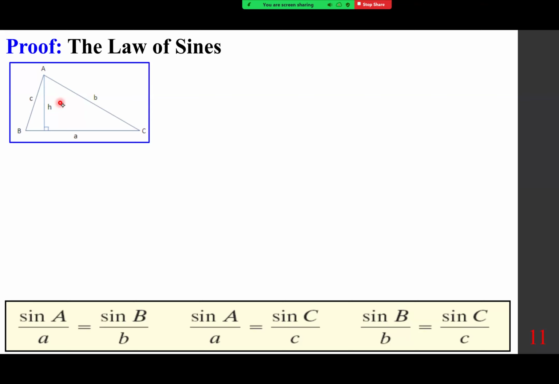In this triangle, sine of this angle is the opposite, h, over the hypotenuse. For this small side, h over c, sine B is h over c.